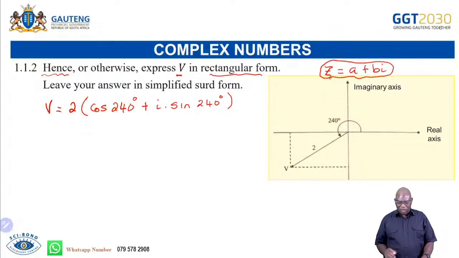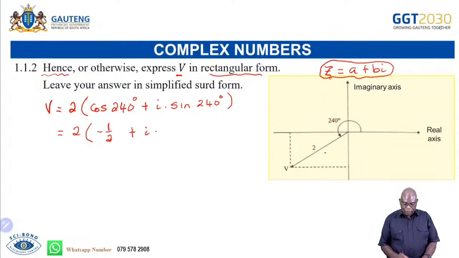We can use a calculator, that is not a problem. Go to your calculator and press cos 240 degrees, which will give me a negative half. So remember, it's in the third quadrant. The cos in the third quadrant is negative. So the answer there will be negative a half.